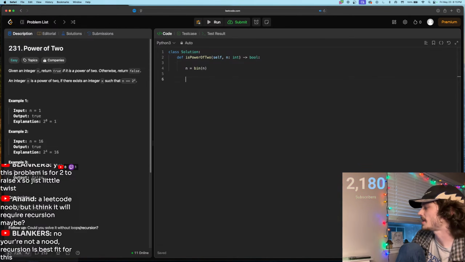So then, actually, how can I get rid of the notation with bin? There's a way to get rid of it. How can I get rid of the prefix for bin? Just slice it off? I don't want to slice it. I can either format the binary string.